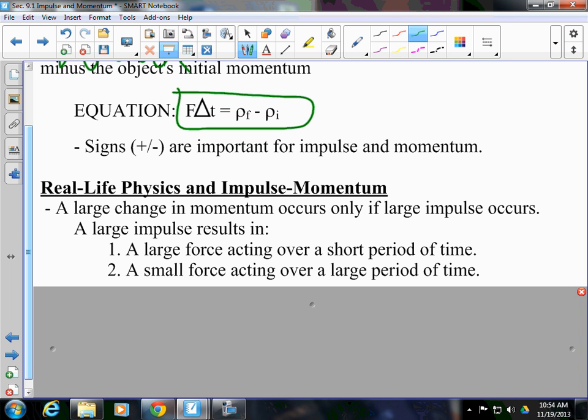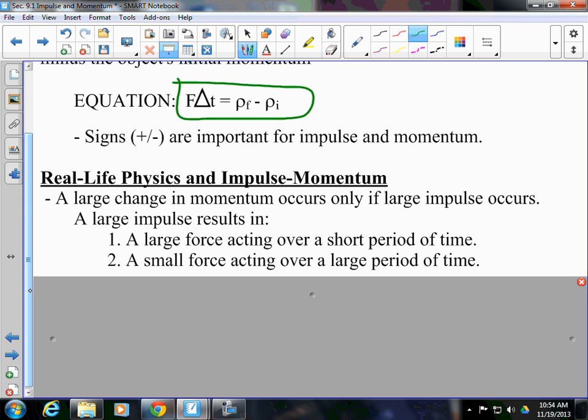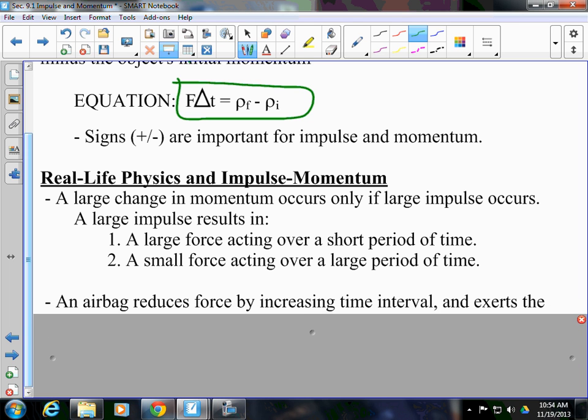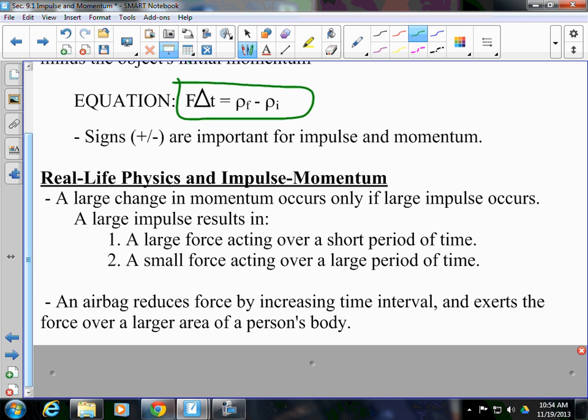Where would a large force be distributed over a short amount of time? Hopefully it's something that never has to get used in your vehicle. All right? An airbag. That is the purpose of an airbag. It takes a large amount of force and it acts over a very short amount of time.